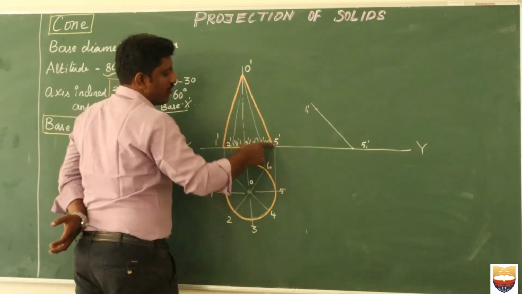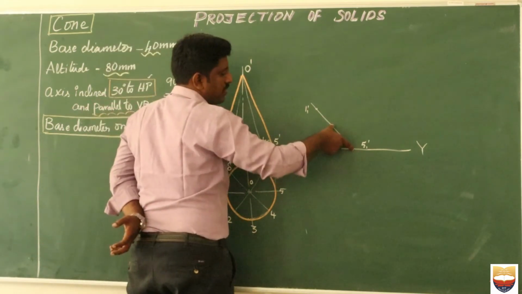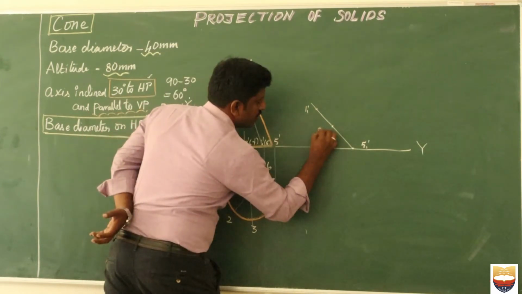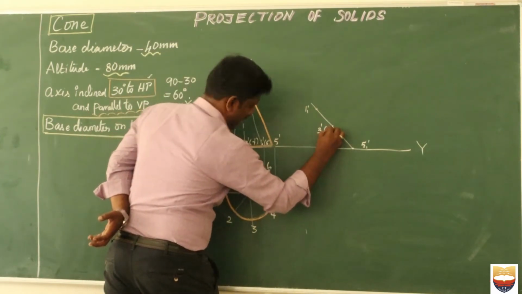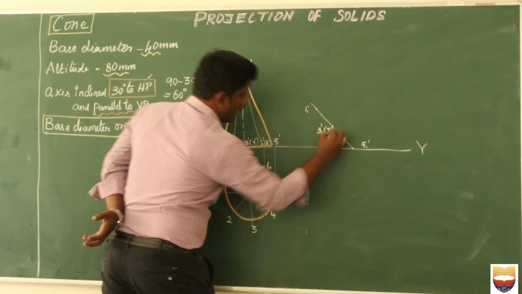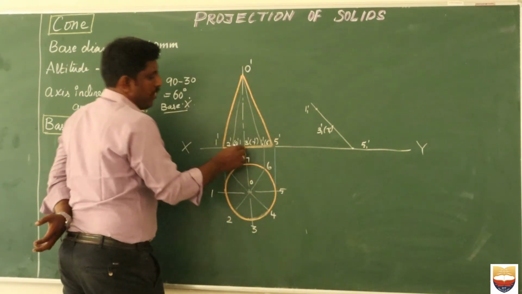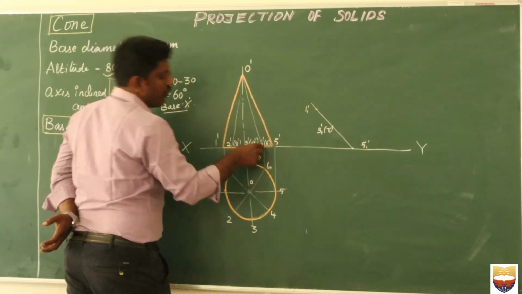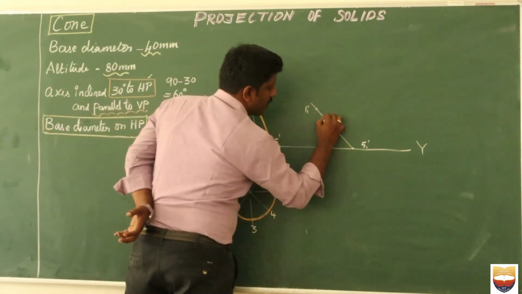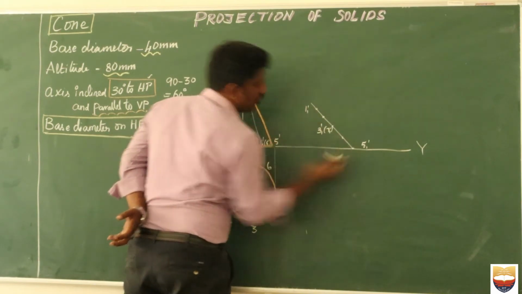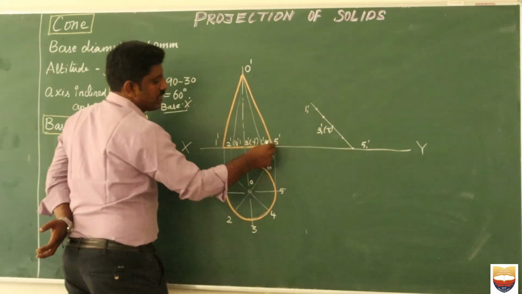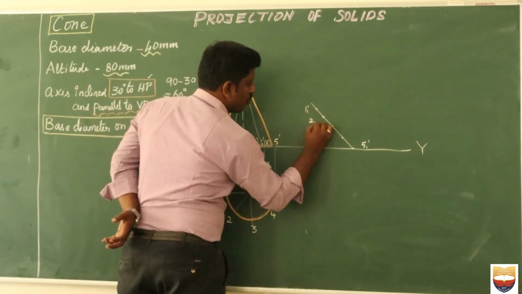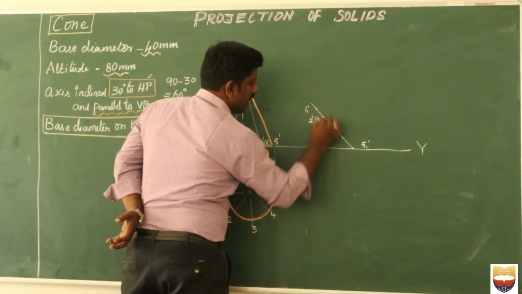Similarly, I measure from the center point, which is given as 3 1 dash, within the bracket 7 1 dash. Similarly, from the center point I have 2 more points, from 3 to 2 and 3 to 4. Using my compass, I measure and take it over here. So it can be marked as 2 1 dash, within the bracket 8 1 dash.